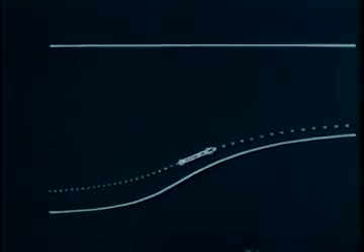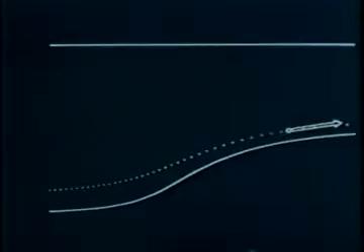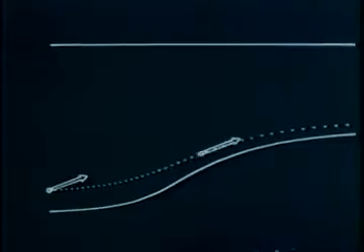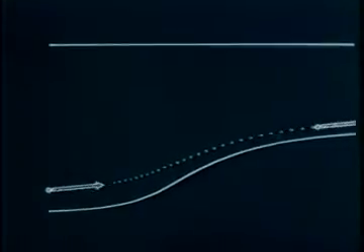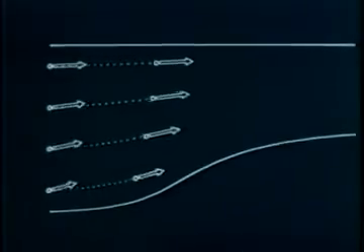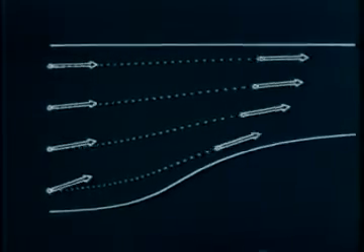We could show the vector attached to the moving point, or use both, if we were displaying the motion of a group of points like this, whose vectors do not interfere with one another.